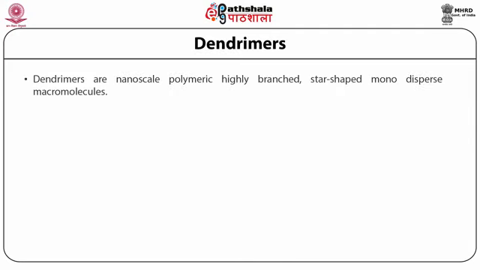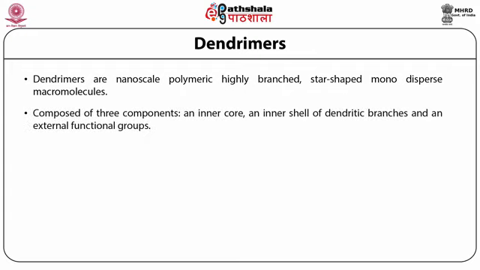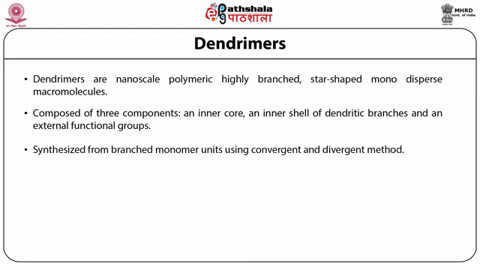Dendrimers. Dendrimers are nanoscale, polymeric, highly branched, star-shaped, monodisperse macromolecules composed of three components: one is the inner core, an inner shell of dendritic branches, and an external functional group. Dendrimers are basically synthesized from branched monomer units using two methodologies.